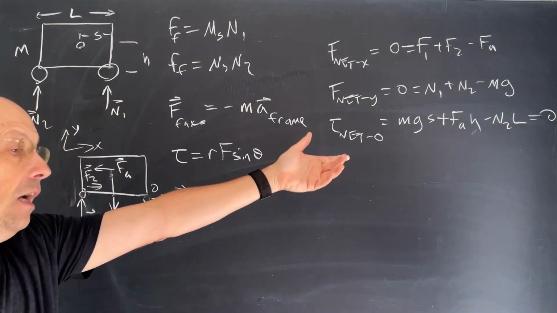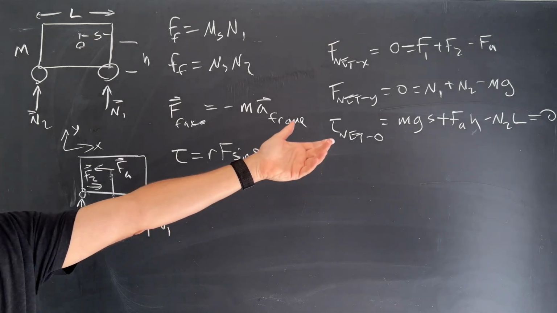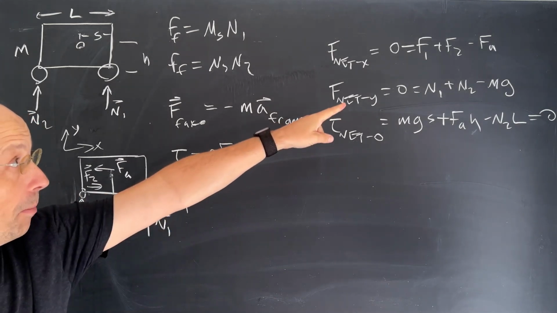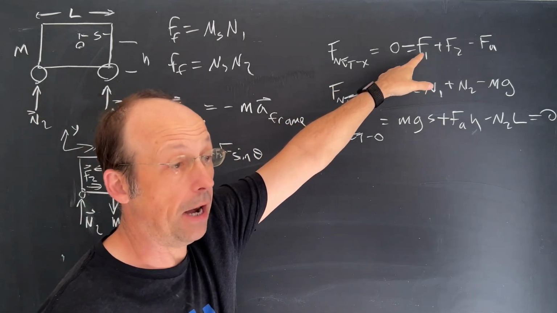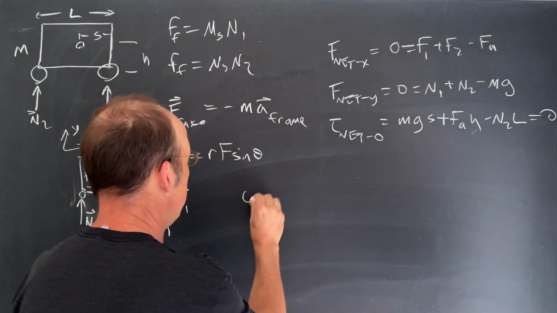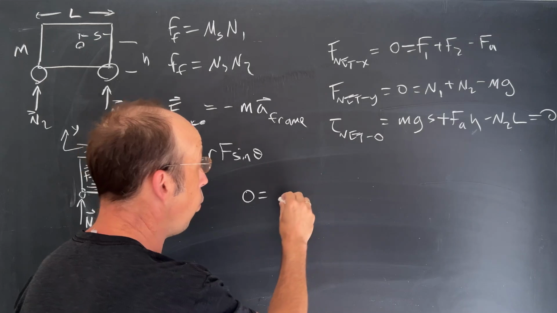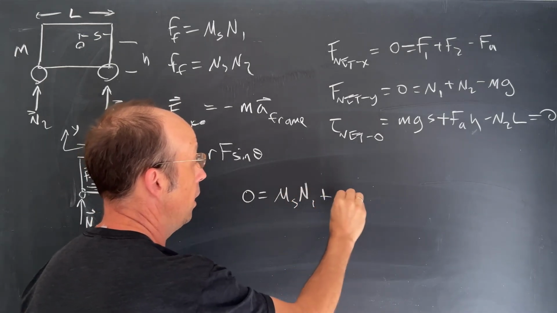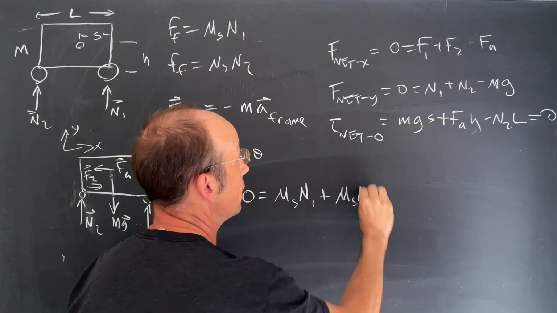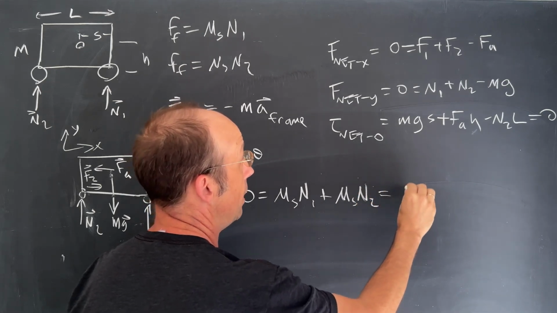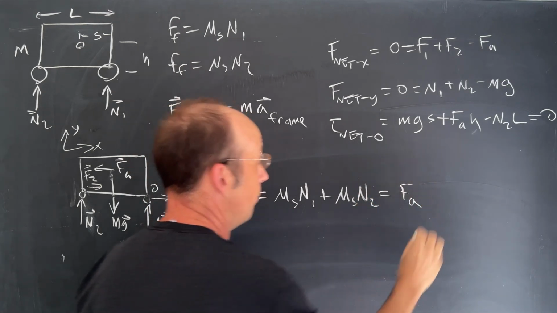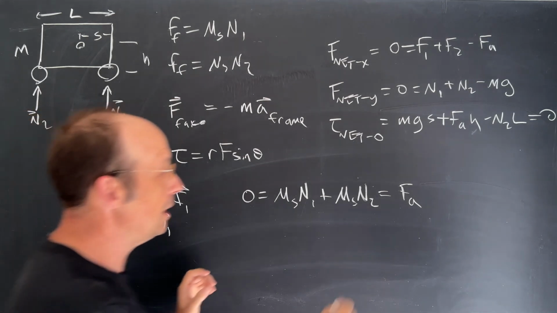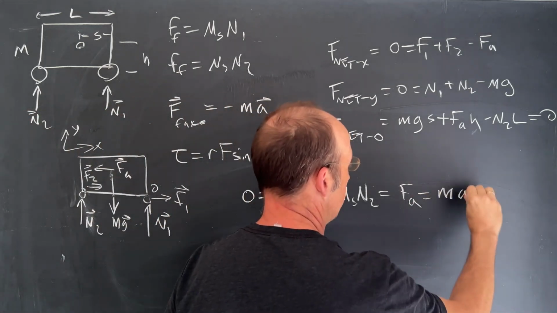So you can see that the acceleration is going to affect both N1 and N2. However, notice up here, let's go ahead and use our model for friction. So I can say 0 equals friction force 1, which is the coefficient of static friction times normal force 1, plus the coefficient of static friction times normal force 2, and that's going to be equal to F_A, the fake force, which is equal to the actual mass times acceleration.